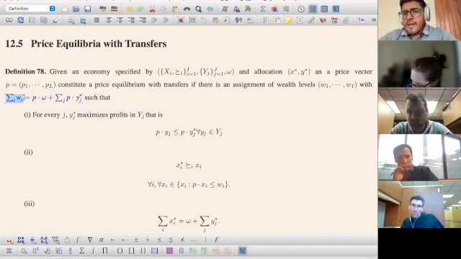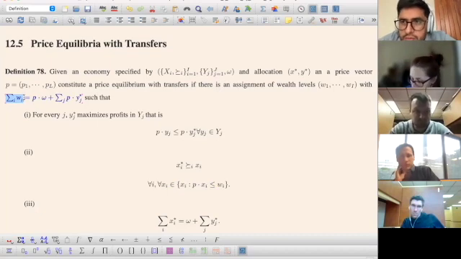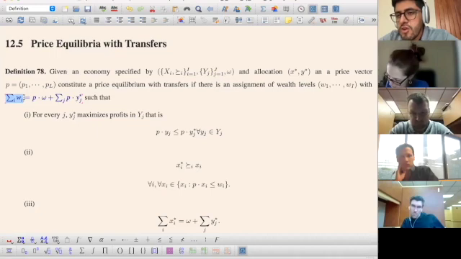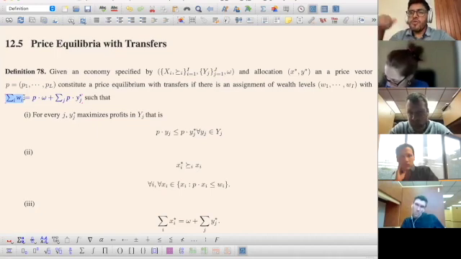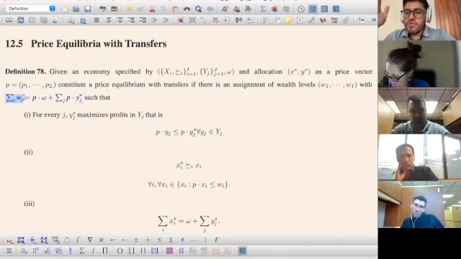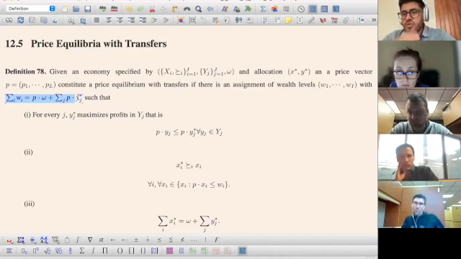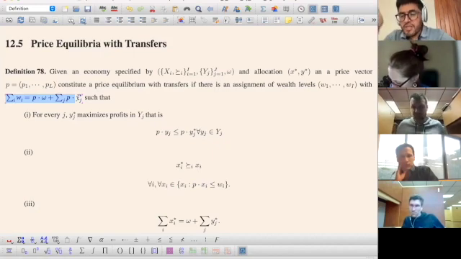Okay, so one important thing that you have to realize is that, remember that I told you that income was endogenous, right? In the previous economies. Here, income is still endogenous, but in a more subdued way. So remember that we say income is endogenous because it depends on the prices, right? Now, let's look at this equation here. So total income depends on prices, right? So the summation of all incomes, of all gold coins, is equal to an equation that depends on prices.